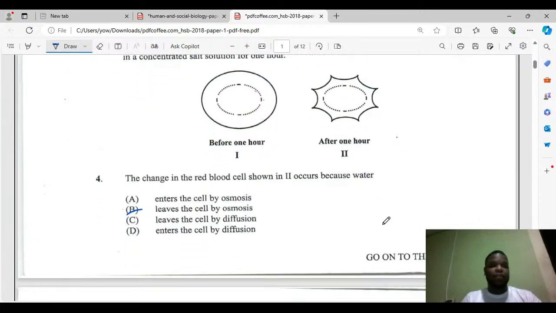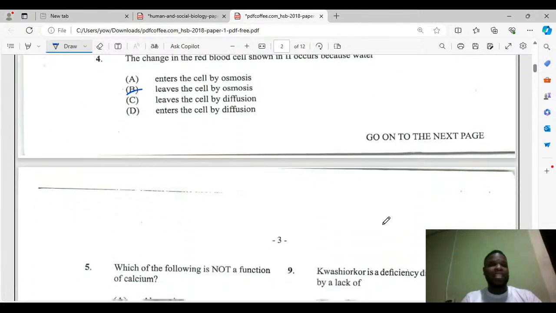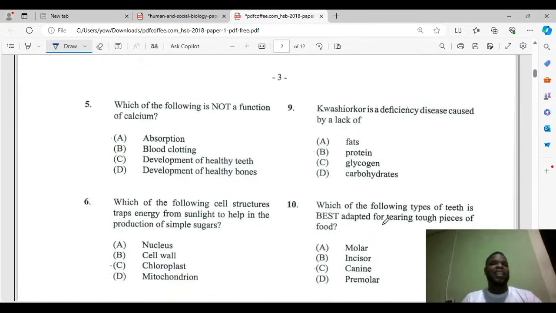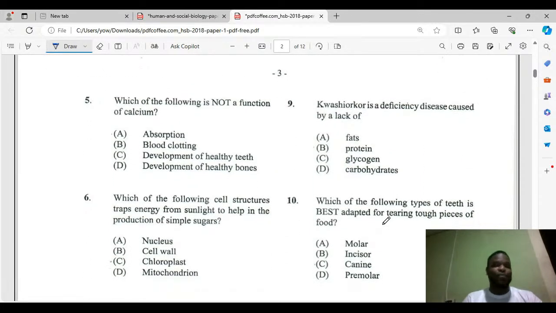So we move on to question 5: which of the following is not a function of calcium? Is it absorption, blood clotting, development of healthy teeth, or development of healthy bones? First of all, we know C and D outright, because that's calcium's primary function, the development of healthy teeth and healthy bones.